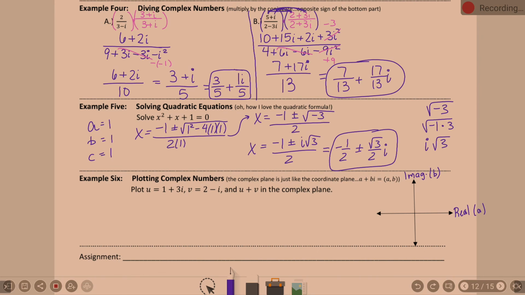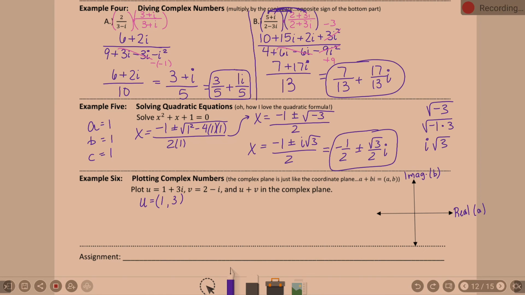The directions ask us to plot u, v, and u plus v in the complex plane. Well, if u is 1 plus 3i, what is that as an ordered pair? 1 comma 3.